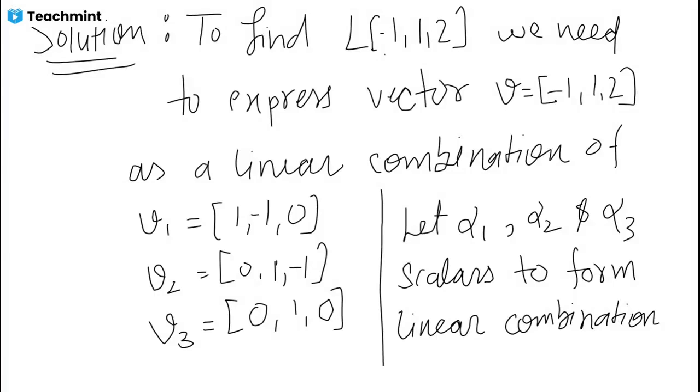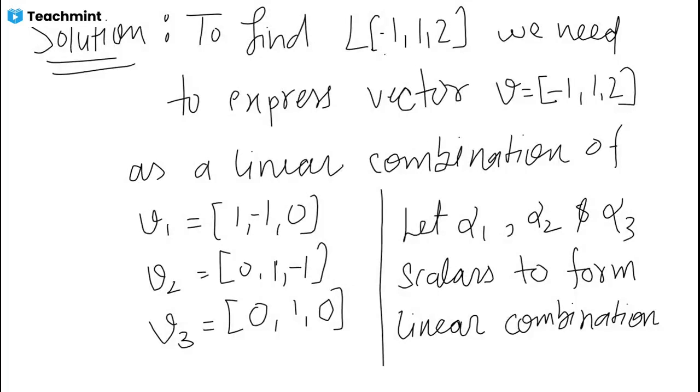Now let us form the linear combination. The vector V can be expressed as V equal to alpha 1 V1 plus alpha 2 V2 plus alpha 3 V3.